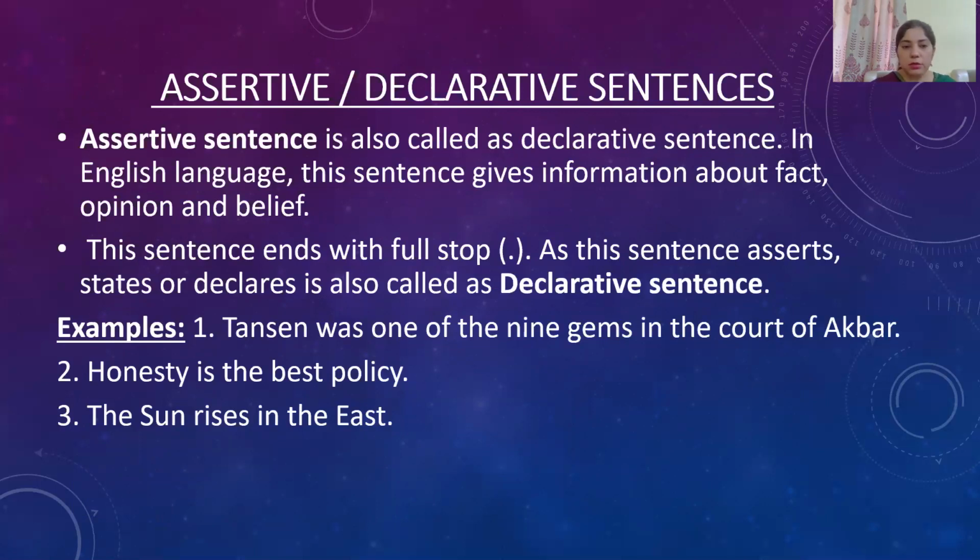For example, Tansen was one of the 9 gems in the court of Akbar. This is a statement. Honesty is the best policy. The sun rises in the east. A universal fact. So, such types of sentences give information about facts, opinions, and beliefs.